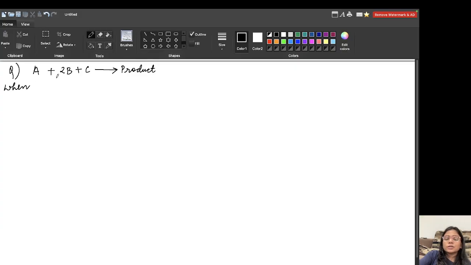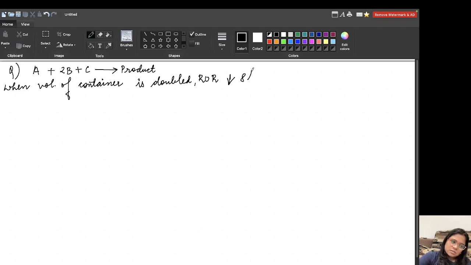First, form correct equations. If you don't form correct equations, ultimately your formulas are wrong. When the volume of the container is doubled, it means concentration is halved, and ROR is decreasing 8 times.